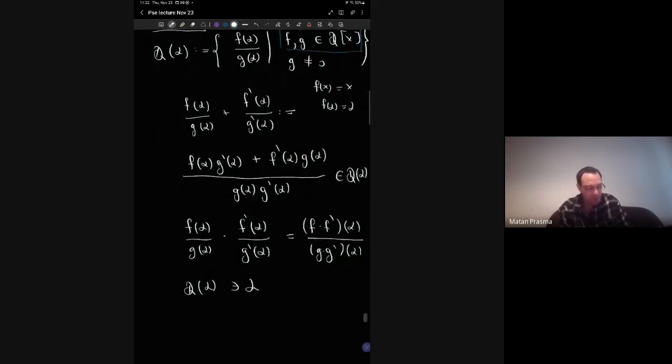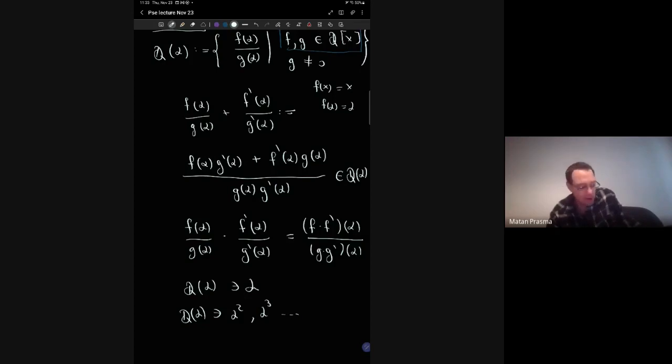But since it is a field, I must have alpha squared, alpha cubed, and so on. They also have to be in this field, right? Because it's a field, it's closed under multiplication. If alpha is in this field, then alpha times alpha must be in this field.